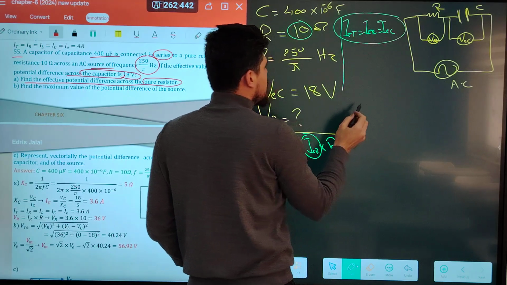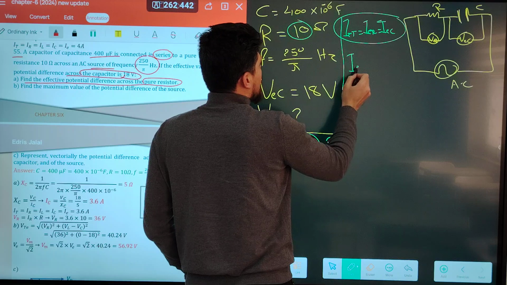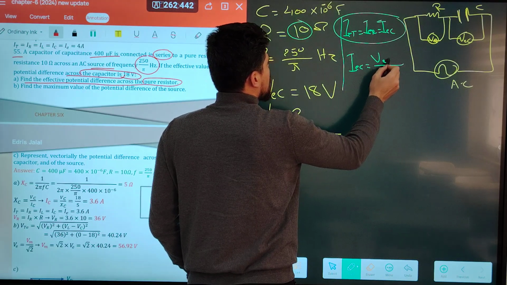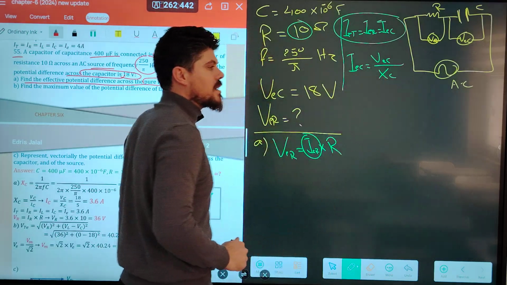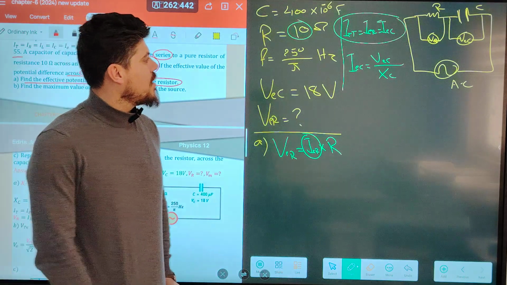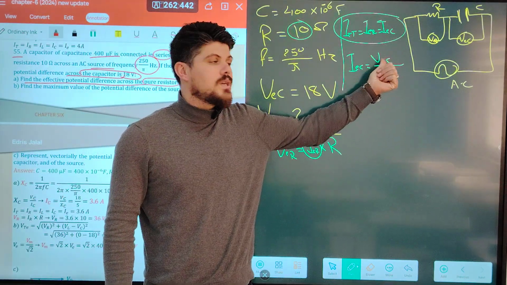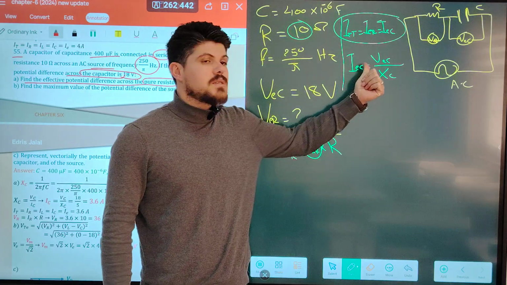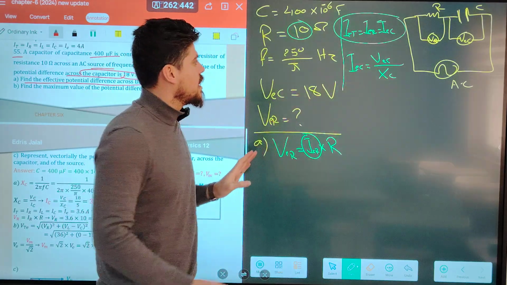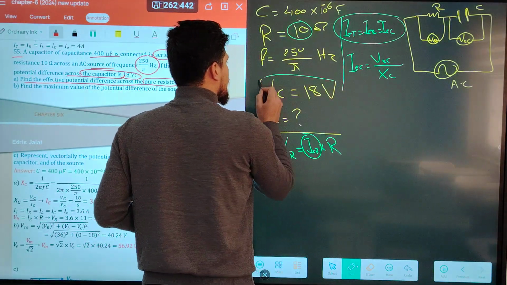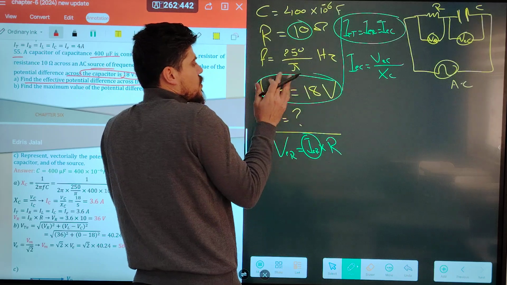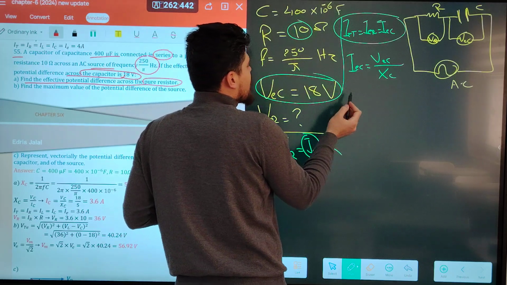Now, can we find IEC? Yes. Why? Because IEC is equal to VEC over XC, the relation of capacitive impedance. IEC is equal to VEC over XC. Do we have VEC? Yes. But we don't have XC.